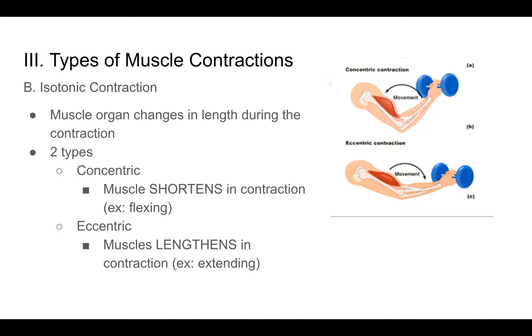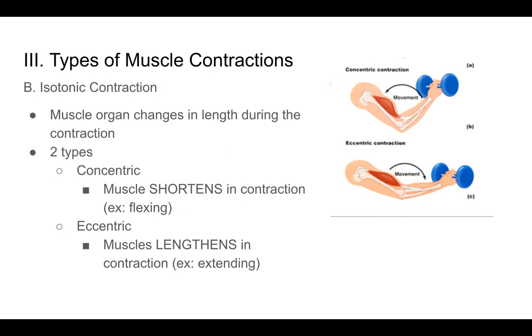So here we see almost antagonistic relationships. Remember, we learned about antagonistic muscle pairs. We see sort of antagonistic contractions happening here. In one type of contraction, the muscle shortens. In the other type of contraction, the muscle lengthens.